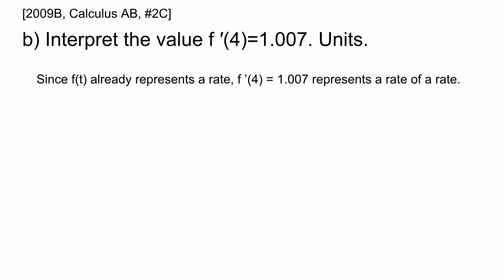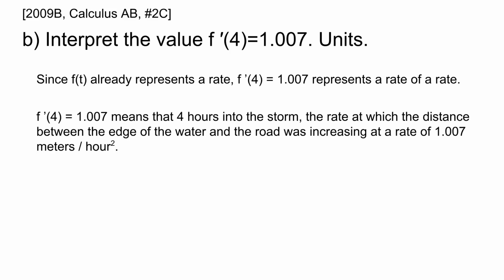So we're going to have to be very careful in terms of how we word this. So f prime of 4 equals 1.007 means that 4 hours into the storm, the rate at which the distance between the edge of the water and the road was increasing at a rate of 1.007 meters per hour per hour.